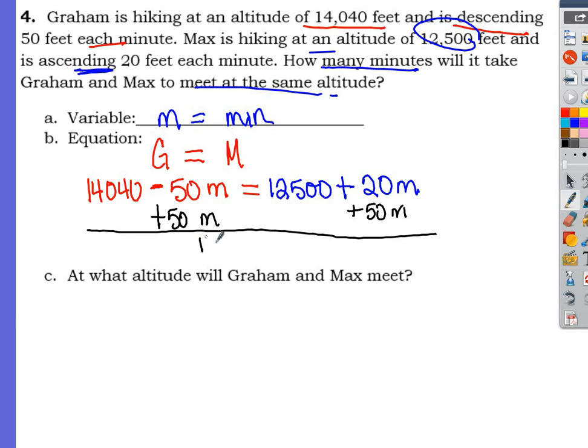So that leaves me with 14,040 is equal to 12,500 plus 70m. Okay, I'm going to go ahead and subtract 12,500 from both sides because I want to move my constants to the other side.